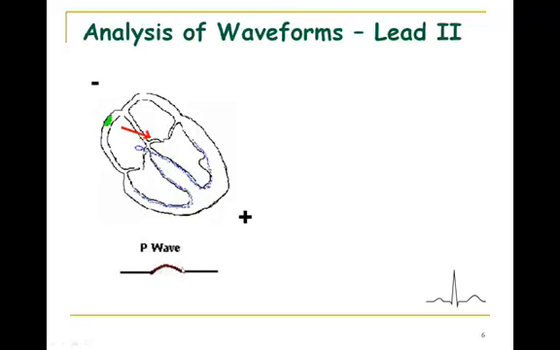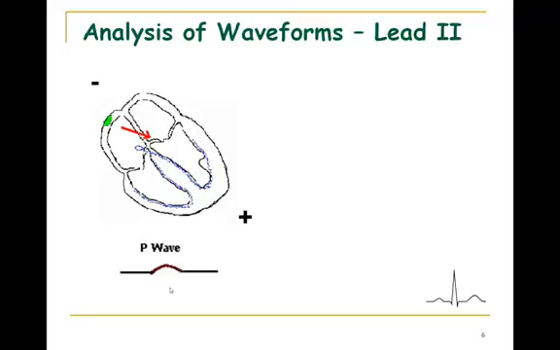It's not spiked like you'd see with the QRS complex, because the action potentials or the current flow through the atria are slow relative to the ventricles. The ventricles use that Purkinje system, which is a lot quicker, so it's a little bit slower to depolarize the atria than the ventricles.